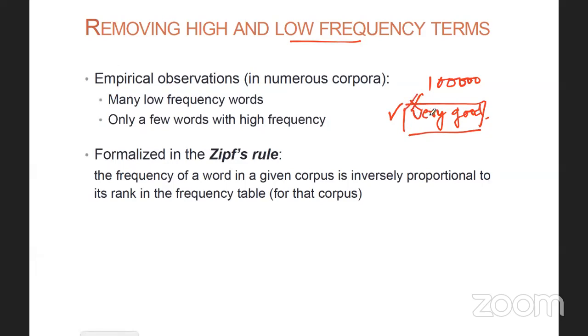So these low frequency words we will remove, and also high frequency words. So in English, articles like a, the, and auxiliary words like am, is, are, were, tend to occur many times. These are all high frequency words in any of the reviews or in any text.